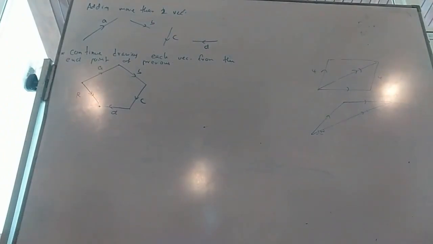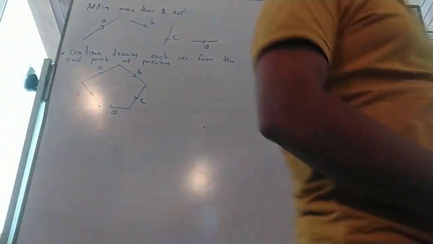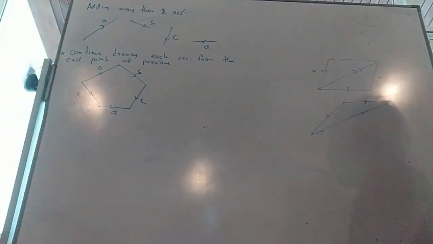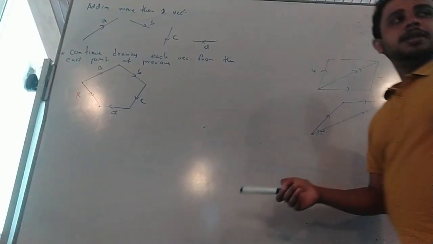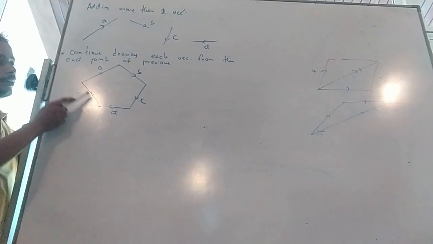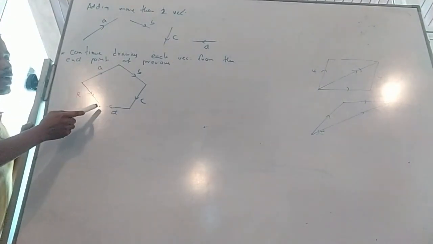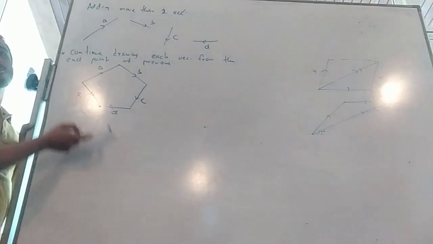That means if the resultant force is 0, what will happen to the diagram? Now resultant force is 0 means this red part has to be 0. That means this diagram will be closed once you figure it.